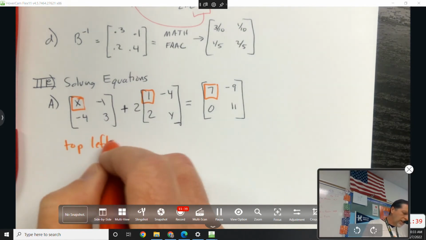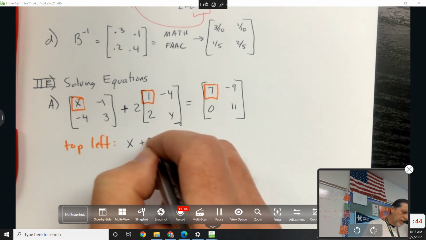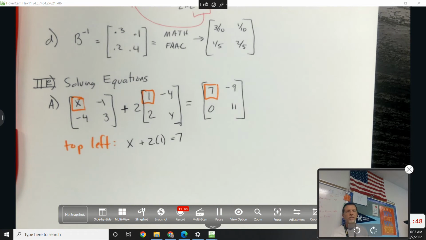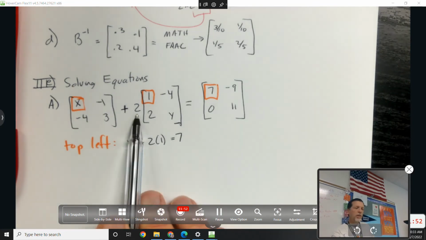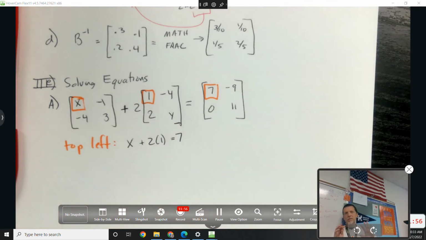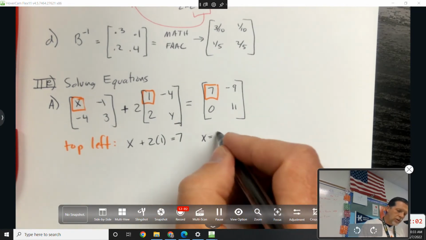I do have the times 2 there, so I do need to be careful. So x plus 2 times 1 equals 7. So that's how multiplying with a number works. You just multiply it to all of them. Multiplying a matrix times a matrix is a whole different deal that we'll let the calculator deal with. Hold on, let's go one piece at a time. x is 5.